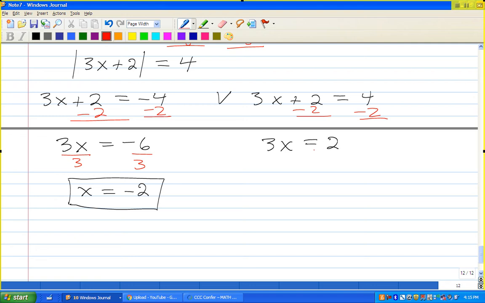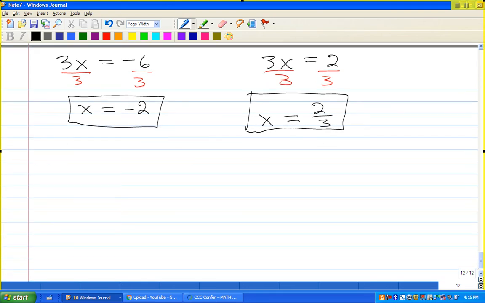Dividing both sides of my equation by 3, I get x is equal to 2/3. So x is equal to -2, x equals 2/3. Both of these satisfy the absolute value equation.